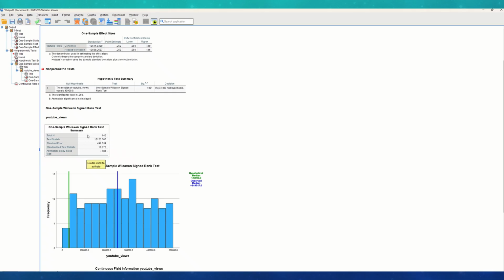It doesn't tell you whether this was T plus or T minus, and that's not particularly important. The standard error is 491. And then it gives us, again, our two-sided test statistic and what our p-value was. It is less than 0.001, all right?